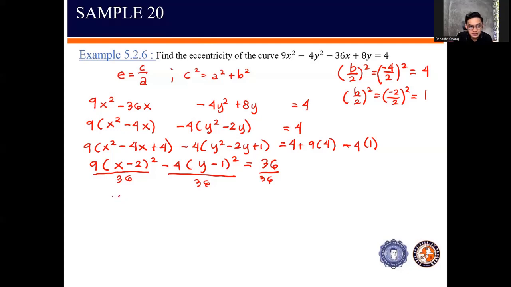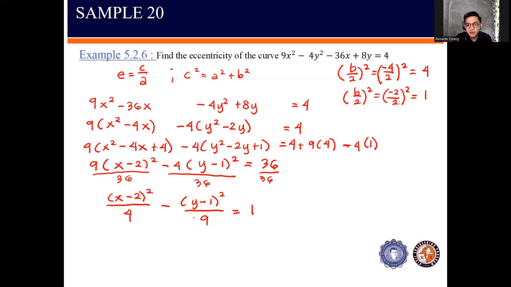So therefore, x minus 2 squared divided by 4. Minus 4 divided by 36, paki-calculator po, the result of that one is, yes, that is 9. So y minus 1 squared divided by 9. Is equivalent to 36 divided by 36 is 1.